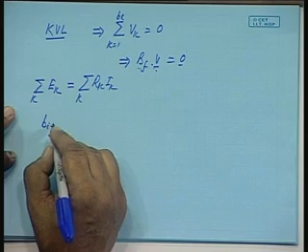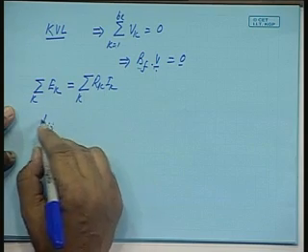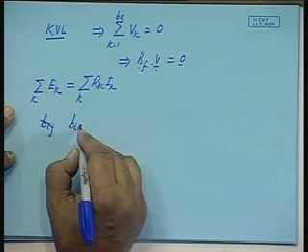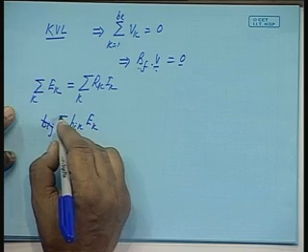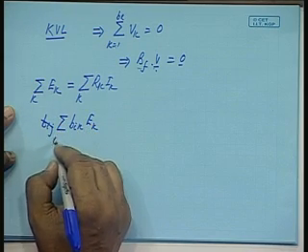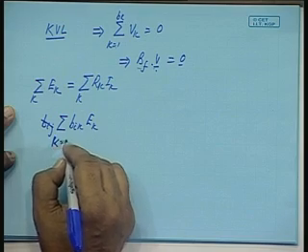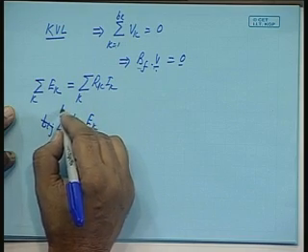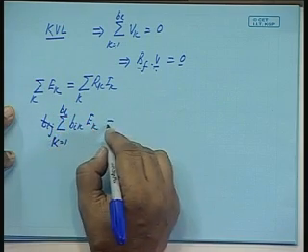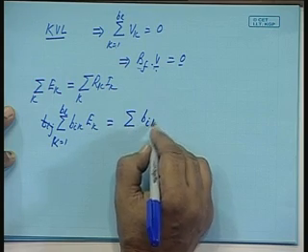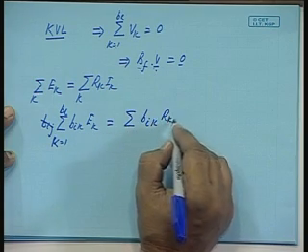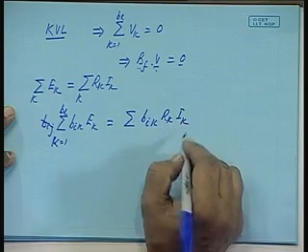So, we may write sigma B_ik Ek, k varying from 1 to BL, equal to sigma B_ik Rk Ik.